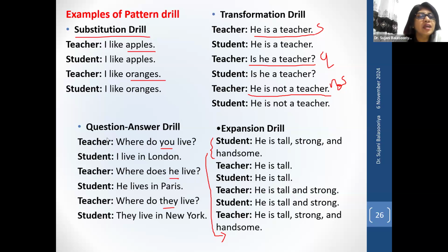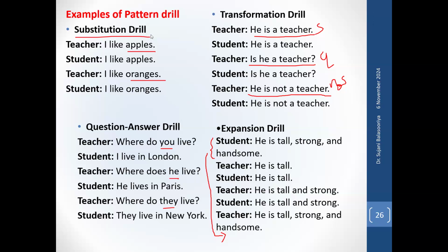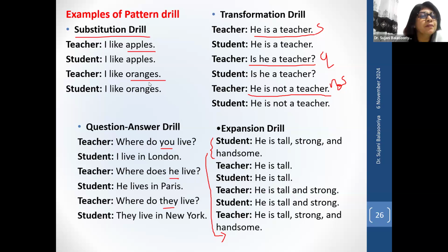Okay, right. May I know who was talking there? Could you, Sumaya, please? Sumaya. Yes. What did you say?